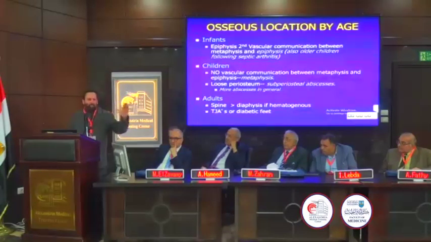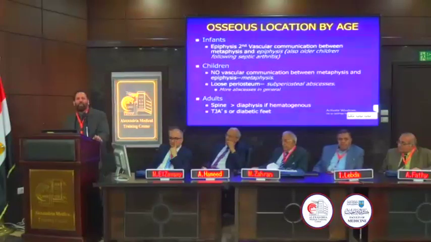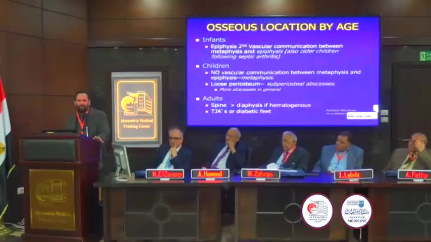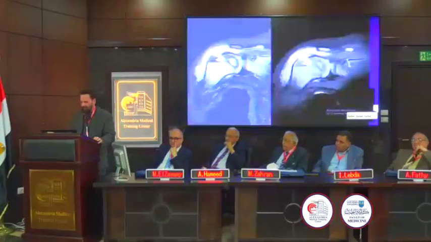So as you get older, it goes centrally in the bone. The second difference is children have looser periosteum. And that's why they heal better when they have fractures. But when they get osteomyelitis, they get subperiosteal abscesses, and adults don't get subperiosteal abscesses.